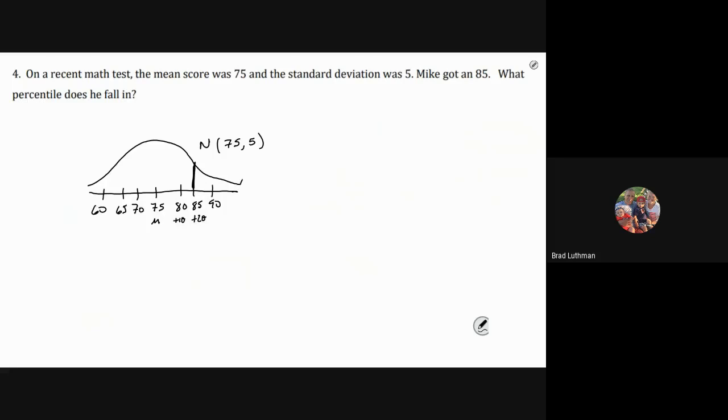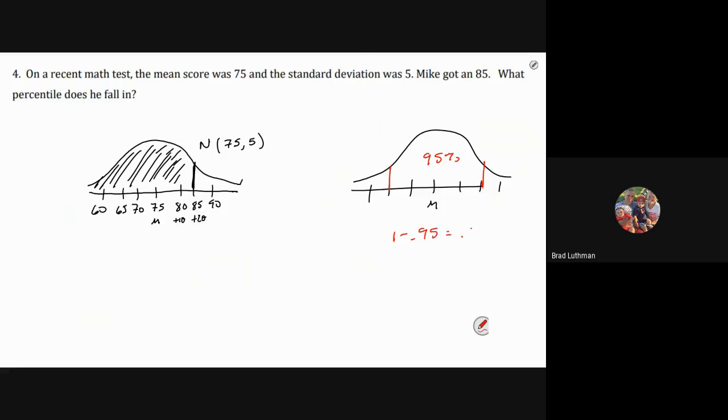When it says what percentile does he fall in, we're wondering what is the percentage of people below old Mike here. Let's pull on that idea that if we go mu, 1, 2, 3, 1, 2, 3, we know that 2 standard deviations below to 2 standard deviations above is 95%. 100% minus 95% is 0.05 or 5%.